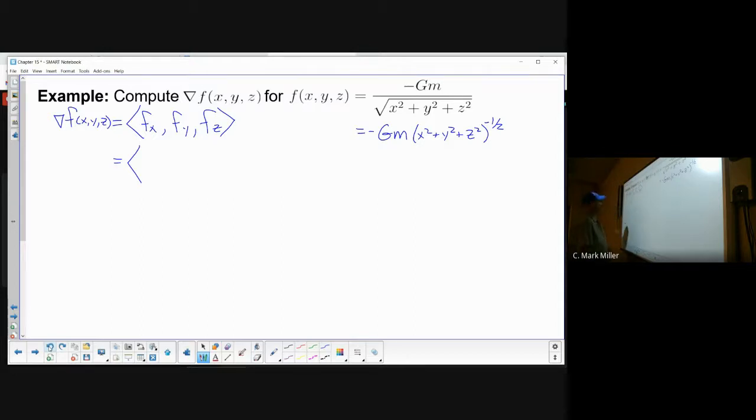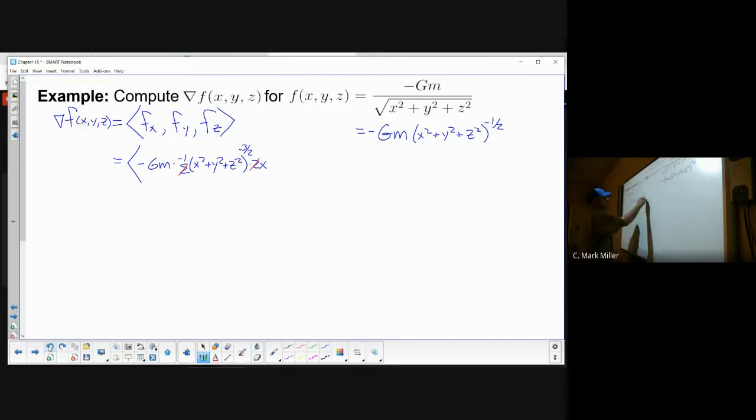And so that's going to be what? Okay, the derivative here, you're going to take the minus 1/2 down. Here, I'll do one the long way. Minus gm. Bring the minus 1/2 down. X squared plus y squared plus z squared to the minus 3/2. And then the derivative of the inside with respect to x pops out, a 2x. Those cancel. All right?